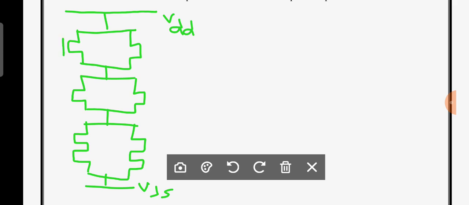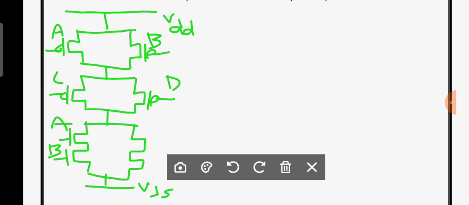Now let it be A, let it be B, let it be C, sorry for that, let it be D. This is A and this is B, and here it is C and here it is D, and the output is taken between the pull up and pull down network.